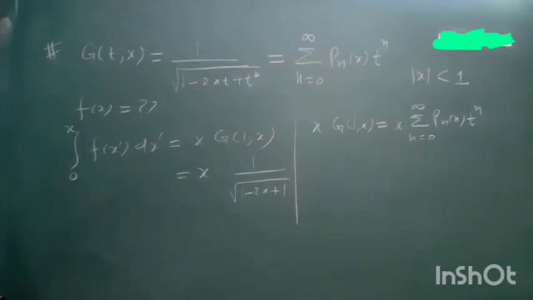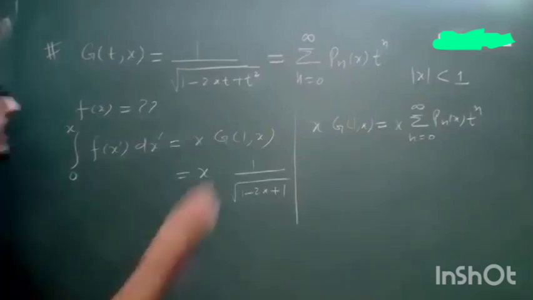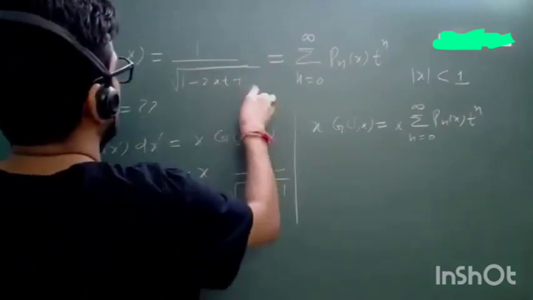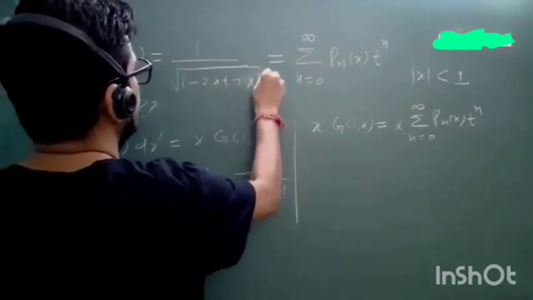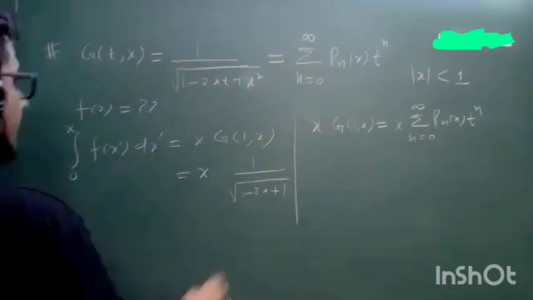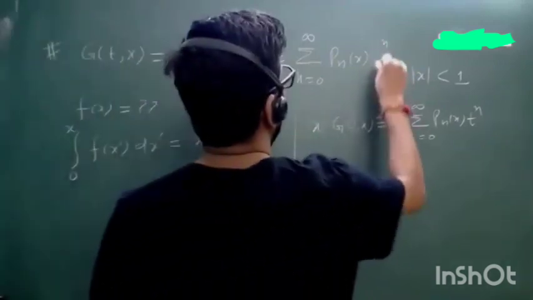Now just wait, in this question the generating function is given like this, minus 2xt plus x square, and here they have given x to the power n.